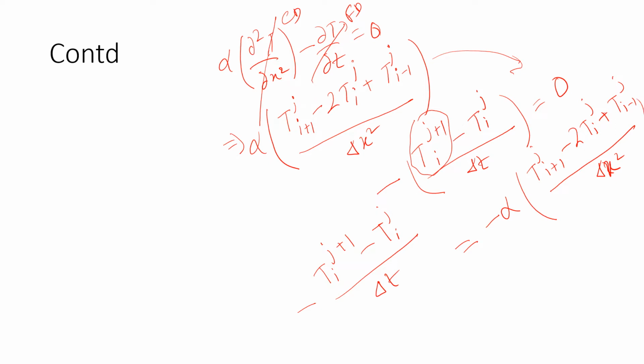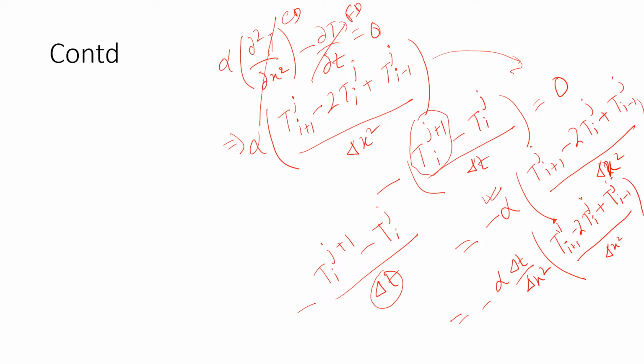Now, if I multiply this del t, which is the denominator, to this term, this term becomes minus alpha del t by del x square, and this will be T_{i+1,j} minus 2T_{i,j} plus T_{i-1,j}.